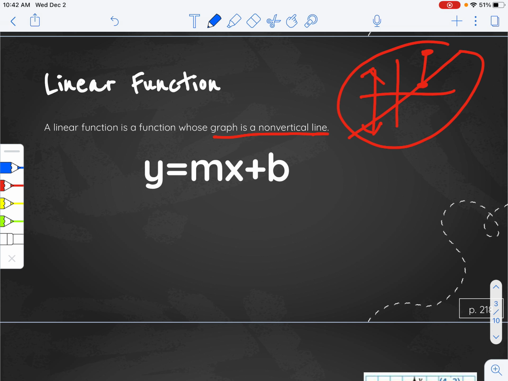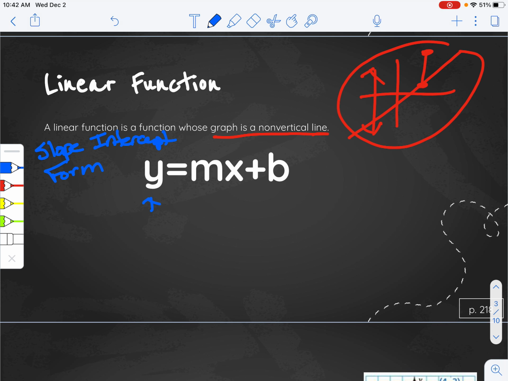You guys have seen this form before. We call this slope-intercept form: y equals mx plus b.